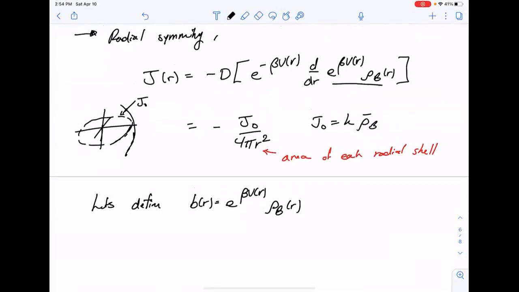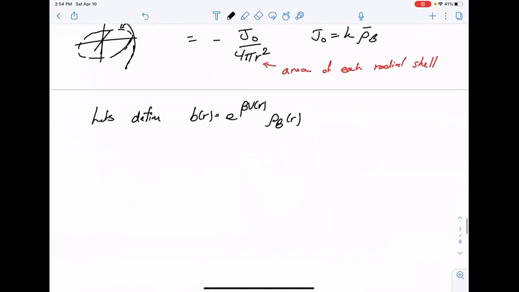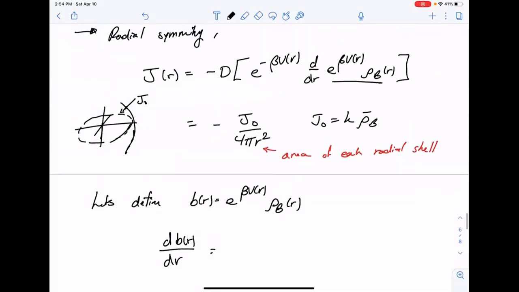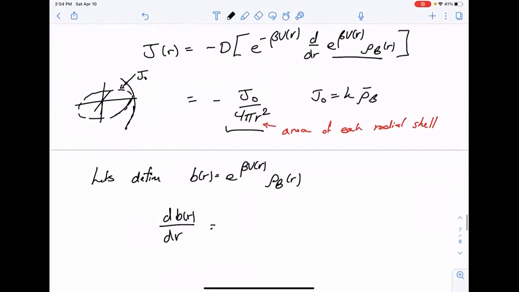Here's our B of R. We could rearrange this equation to say that the spatial derivative of B of R is equal to, inserting this equality, the negatives cancel, J naught over 4 pi D, an inverse Boltzmann factor, divided by R squared.